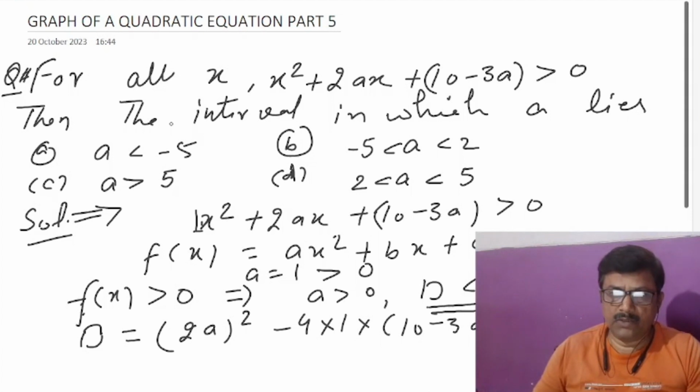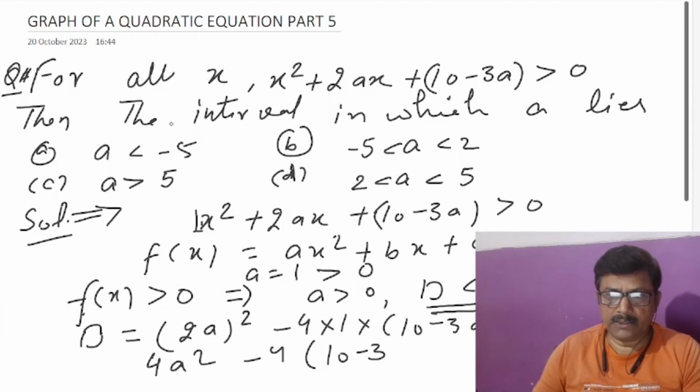This discriminant should be negative. Now we will solve this inequality. So this will be 4a square minus 4 times 10 minus 3a less than 0. Correct? Okay.